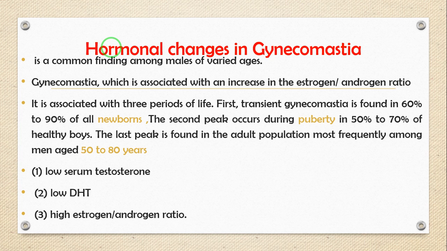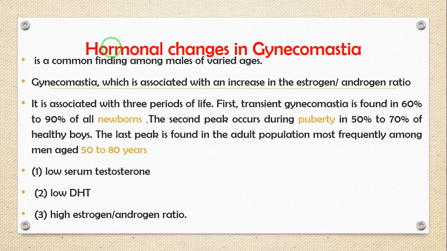Generally, the cause is an increase in the ratio of estrogen to androgen. So the main defect is that the ratio of estrogen to androgen is high. Usually it is also accompanied by low testosterone, which is the main androgen.